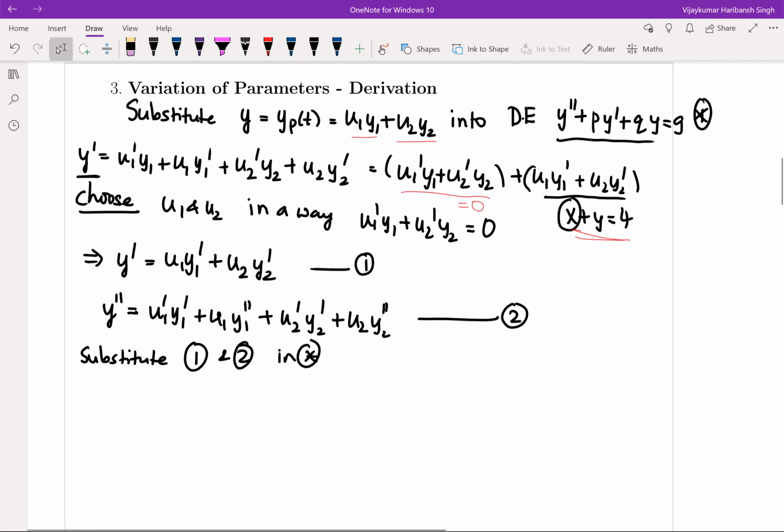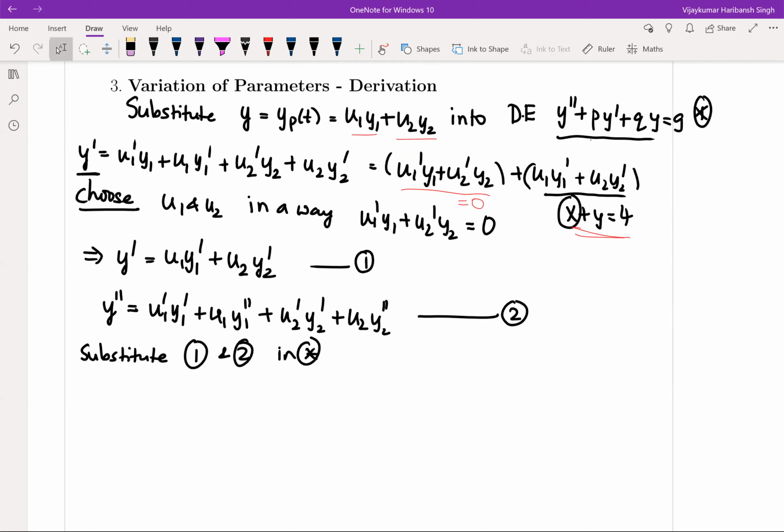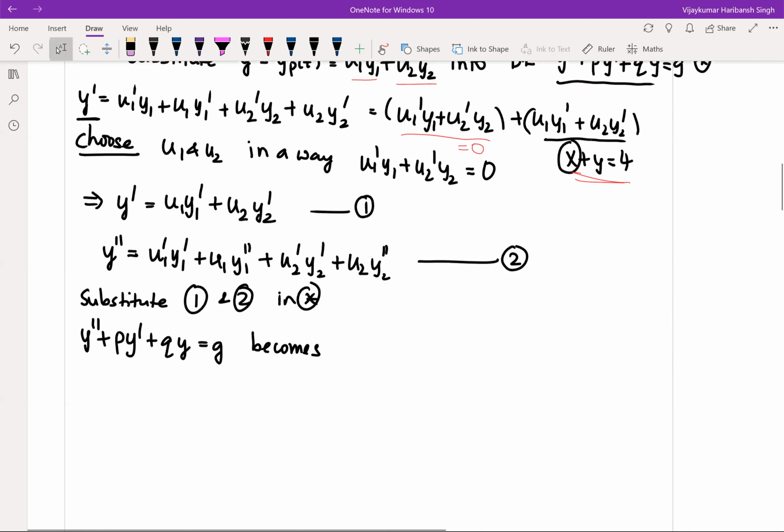You will get y double prime plus p y prime plus q y equals g. So what does this become?